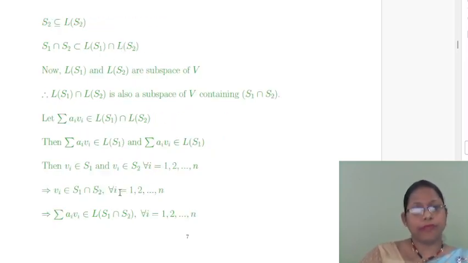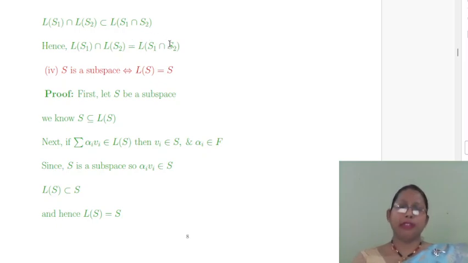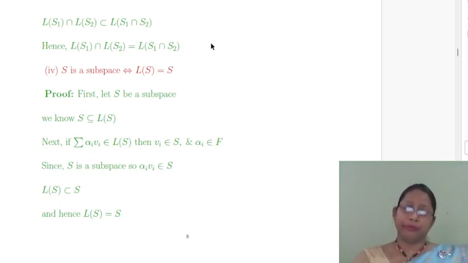From this and this, I can conclude that the linear span of S1 intersection the linear span of S2 is equal to the linear span of S1 intersection S2. Hence the proof.